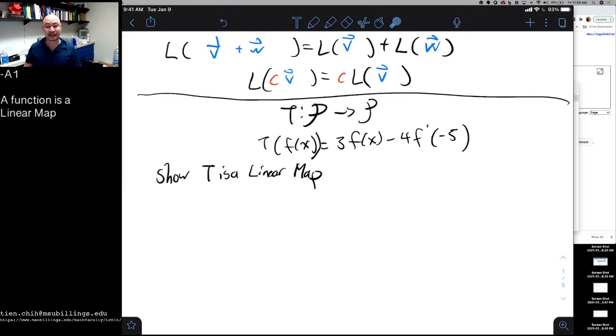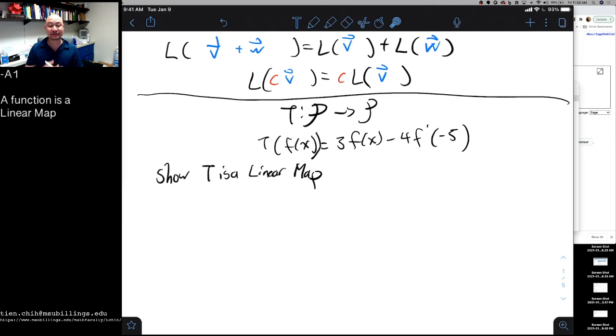Well, 3 times f of x: if f is a polynomial and I triple all the coefficients, that's still a polynomial. The derivative function is also a polynomial, and when I evaluate it at -5, that's a constant. I multiply by 4, that's a constant. A polynomial minus a constant is still a polynomial.